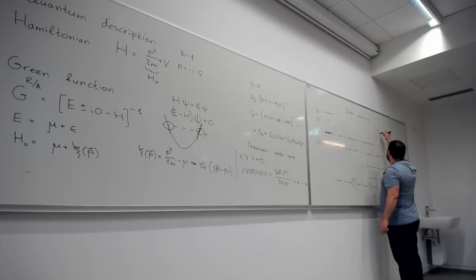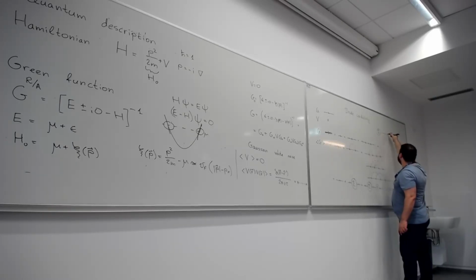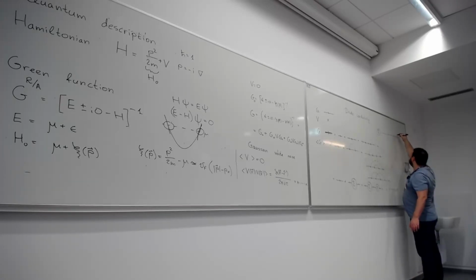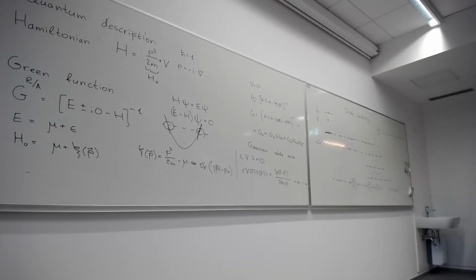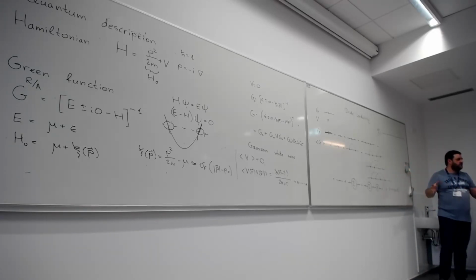So the self-energy is the sum of all the diagrams that cannot be separated by cutting a single Green function line. This plus this plus this. It's just another way to write the same summation by grouping the terms in a different way.